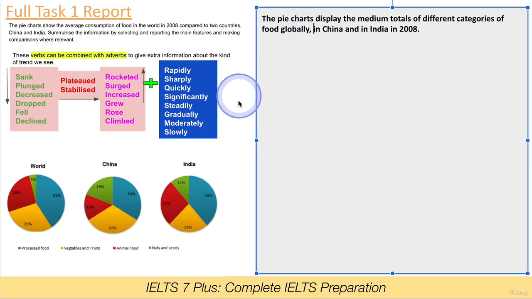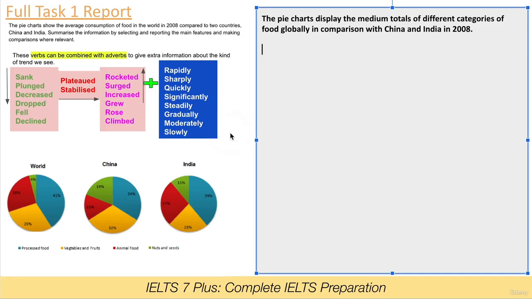It might be nice to use this word compared, food globally, compare it in comparison with, maybe. So if we're not sure how to fully paraphrase, we can just change the word form. In comparison with China and India in 2008.